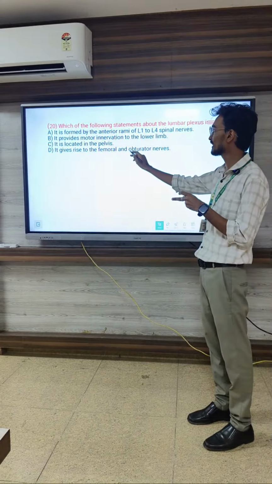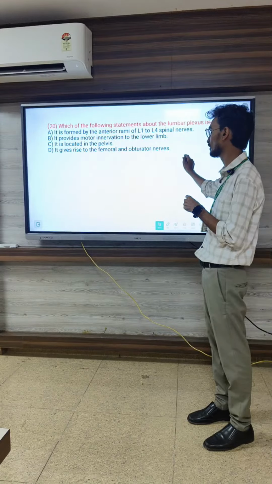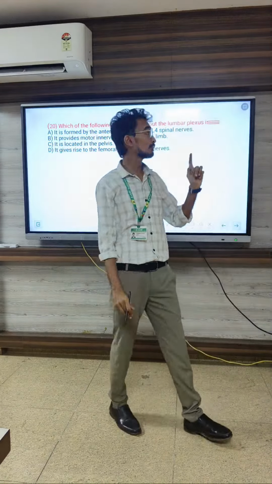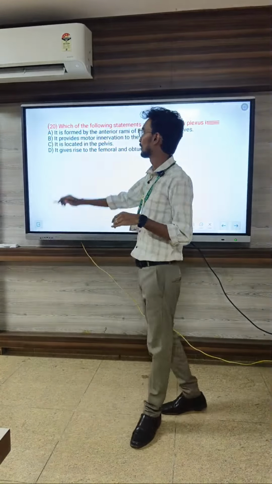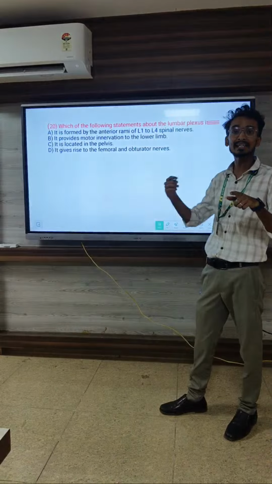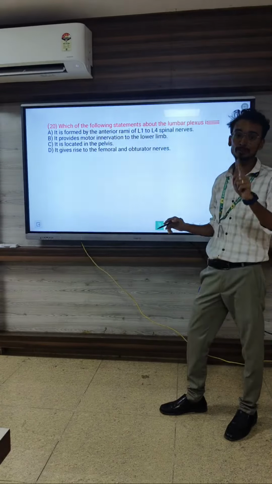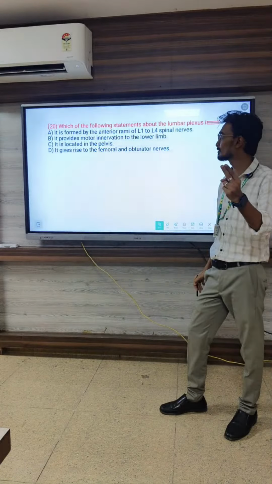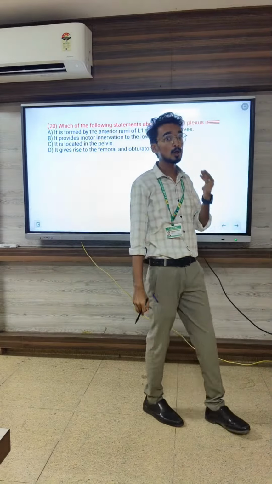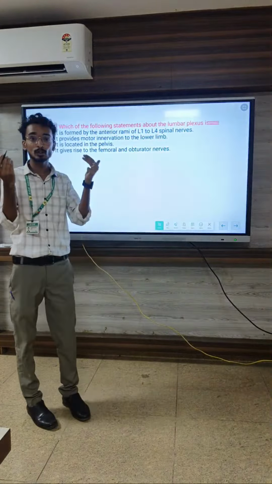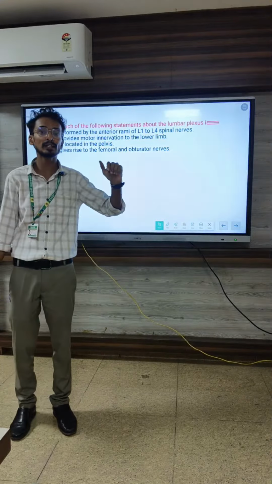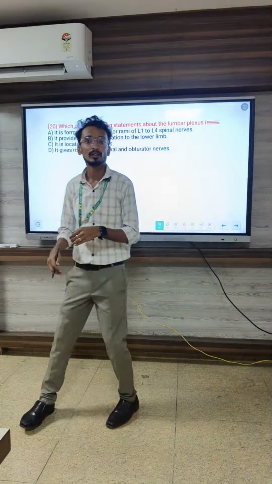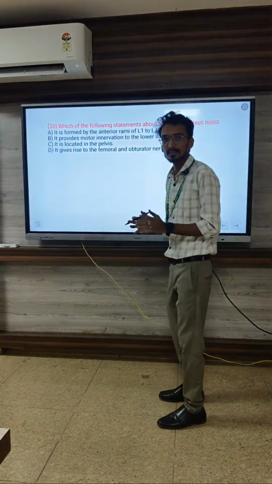Option D, it gives rise to the femoral and obturator nerves. Once again, which of the following statements about the lumbar plexus is incorrect? Please tell me the answer to the last question.